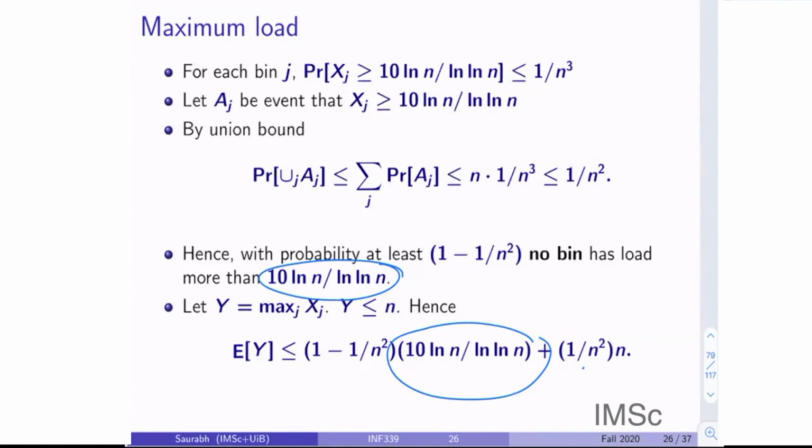I have balls and I have bins. Look at a function which assigns balls to bins. Maybe many balls can go to the same bin. For each such function, you have some probability of getting that particular bin assignment. This is your omega. What is omega? Omega is all possible bin assignments of these balls.